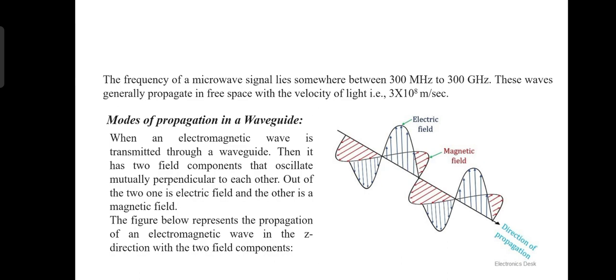The figure below represents the propagation of an electromagnetic wave in the z direction with the two field components. Here the red wave represents magnetic field and blue wave represents electric field, and the black line showing the arrow represents the direction of propagation.